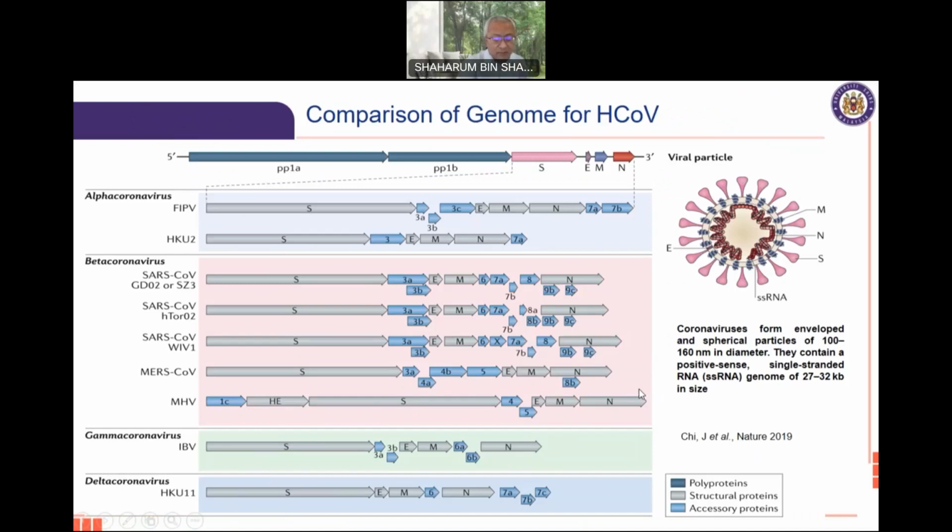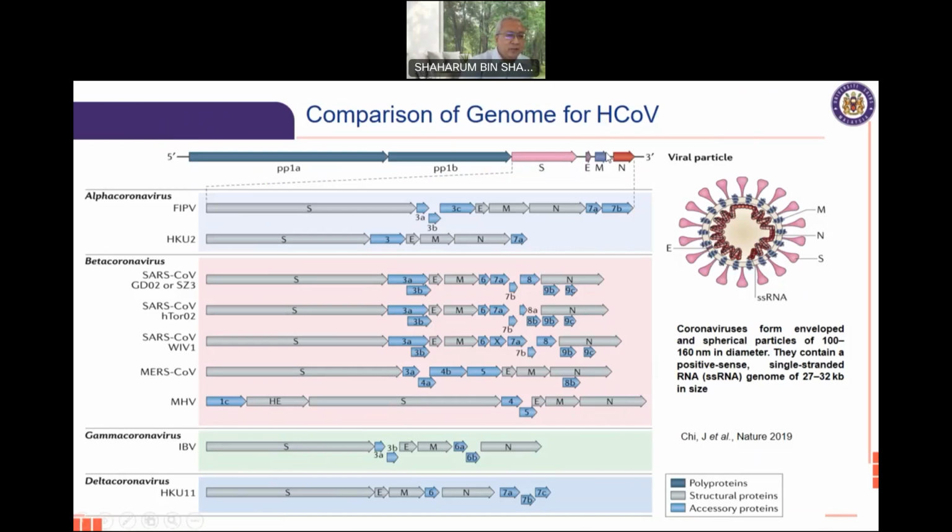If we look at the genome size, the human coronavirus genome is about 27 to 32 kilobase pair, and the size of the virus is about 100 nanometer up to 160 nanometer, depending on the variants.